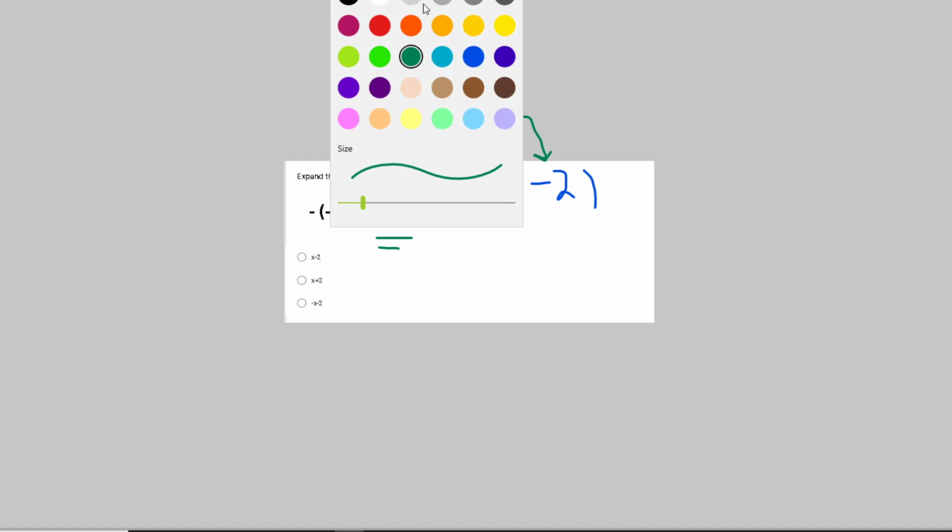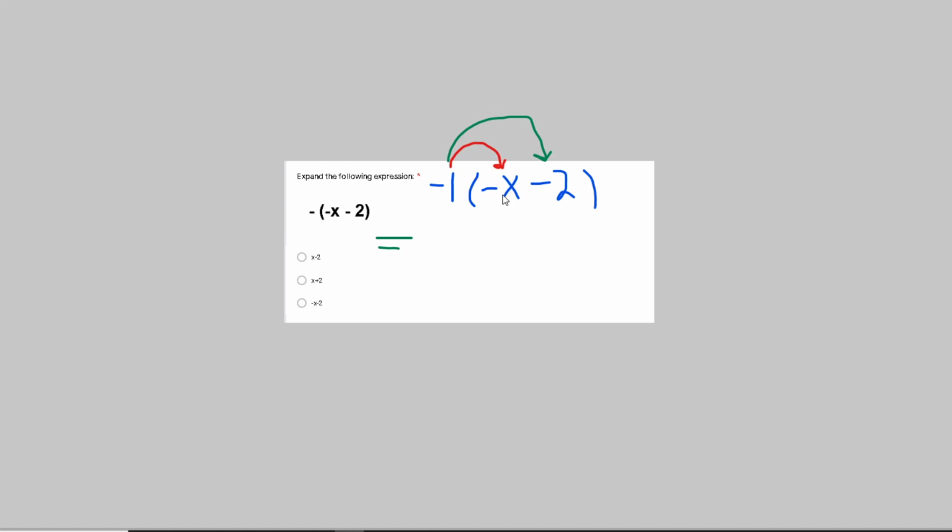So this is going to give us negative 1 times negative x. Well, you have two negatives, so they cancel each other out. 1 times anything is just itself, so this is really just going to leave us with an x. All this negative 1 is doing is just changing the sign of x, and it's going to change the sign of negative 2 to its opposite. Negative 1 times negative 2 is positive 2.